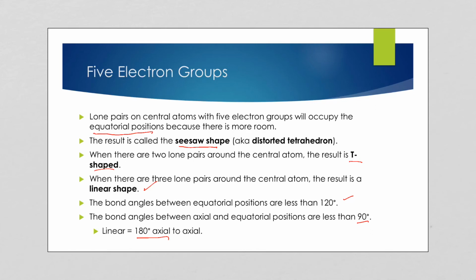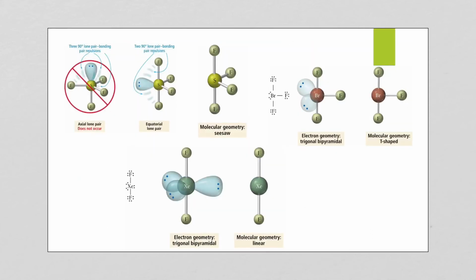Okay, so let's look at some pictures here. So let's start off with our basic trigonal bipyramidal. So the first thing is we have to determine that the lone pair is going to go in the equatorial positions, not the axial. Now the reason for that is if you put a lone pair here in the axial position, it has what we call 90-degree contacts or 90-degree repulsions from 3 different atoms.